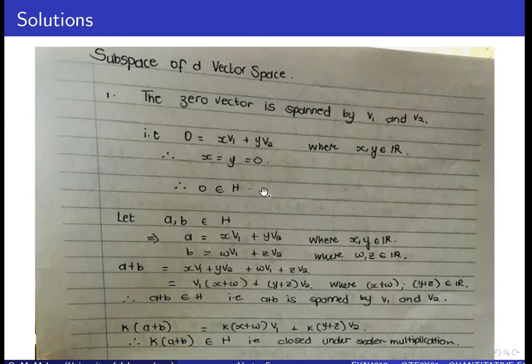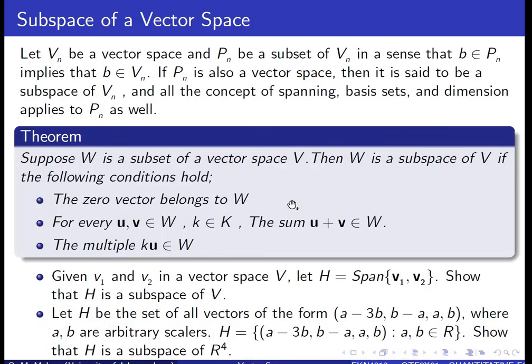Therefore, 0 is in H because 0 is spanned by v1 and v2. Remember, in order for a subset to be a vector space, the zero vector should belong to such a set. So I've already proved that the zero vector belongs to H.